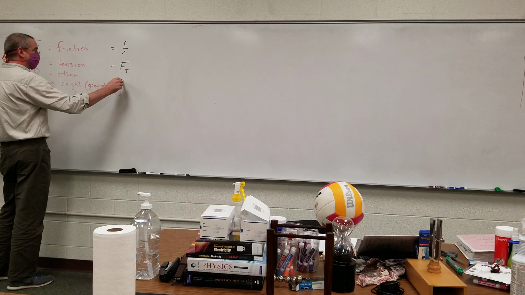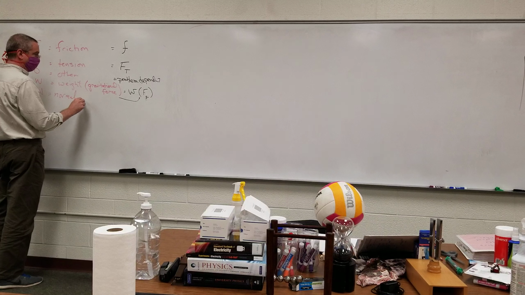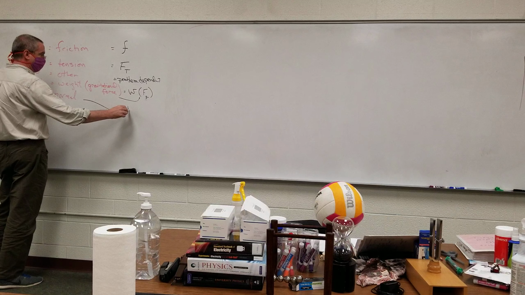Other is problem specific, or problem dependent. For weight, I use a lowercase w. For gravitational force, I'll use F sub g, that's a subscript g. And for normal force, I use the letter N.